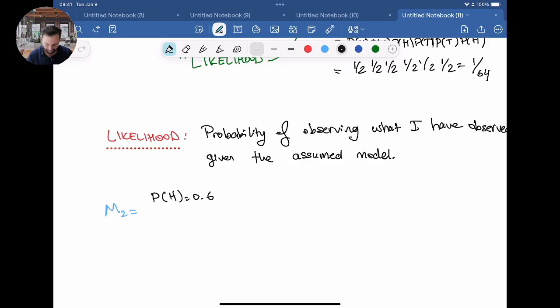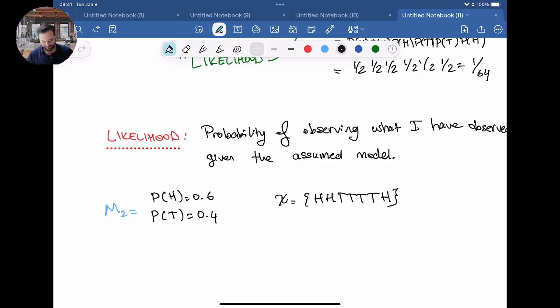It's a little bit weird. And my probability of tail becomes 0.4. I'm again ignoring the width. Again, I get my data. I observe, this time, head, head, tail, tail, tail, tail, head.